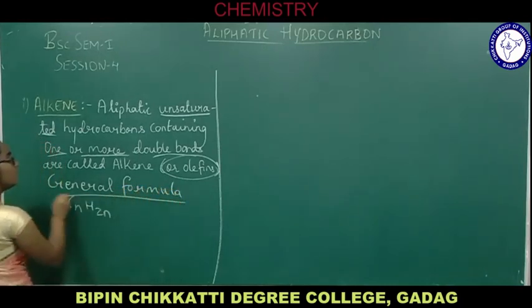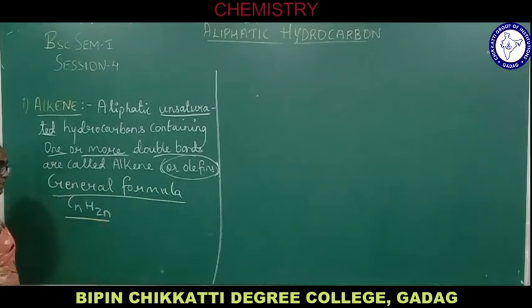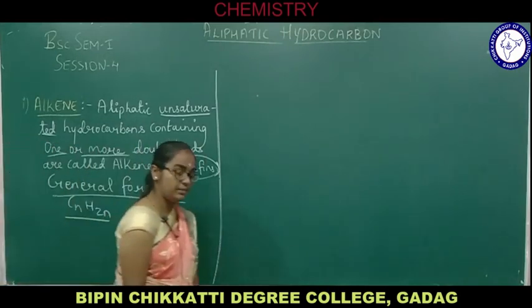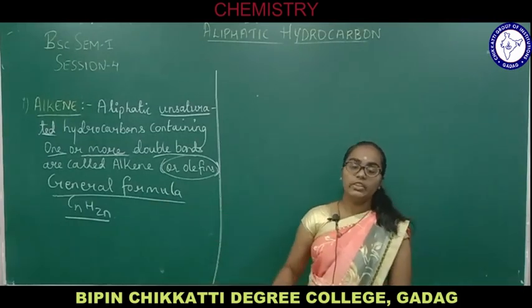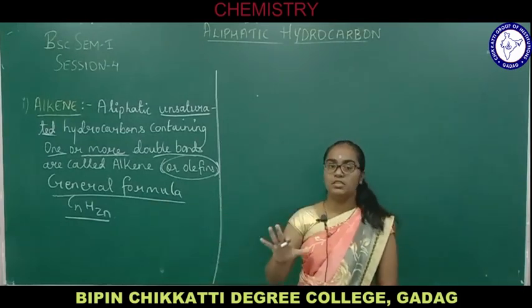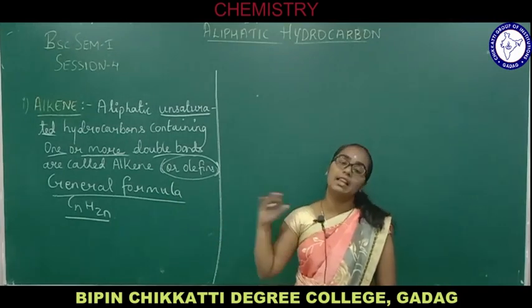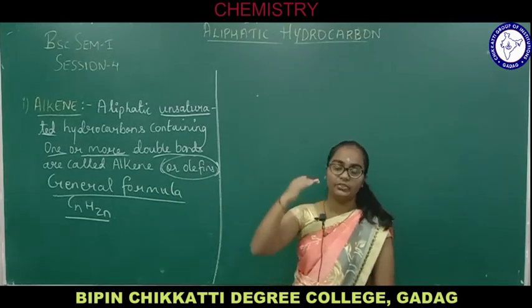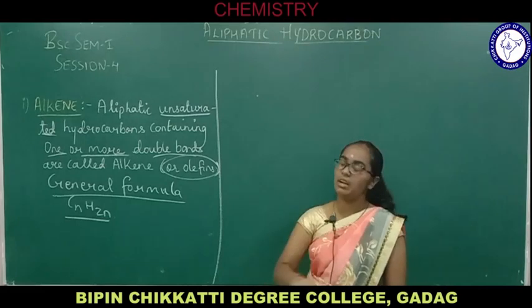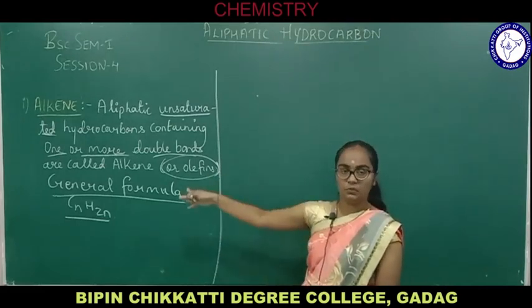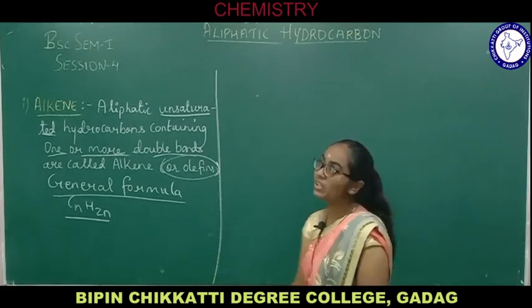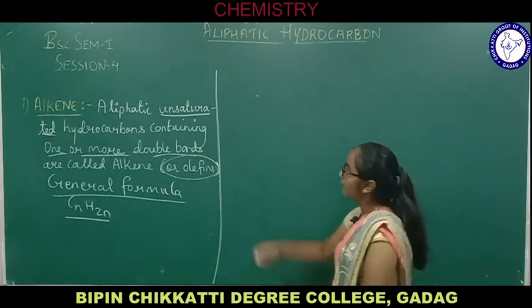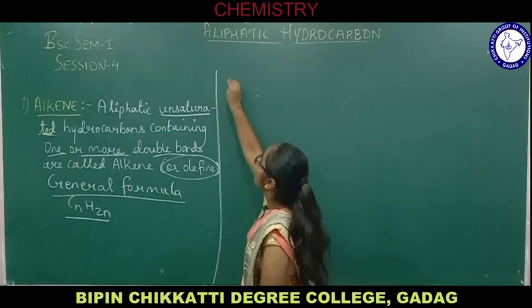Depending upon this general formula we are going to study the first 5 members of the alkene family, just as we studied the first 5 members belonging to the alkane family. Similarly, by adopting this formula we are going to study the first 5 members belonging to the alkene family. So here we start with the first member of alkene.